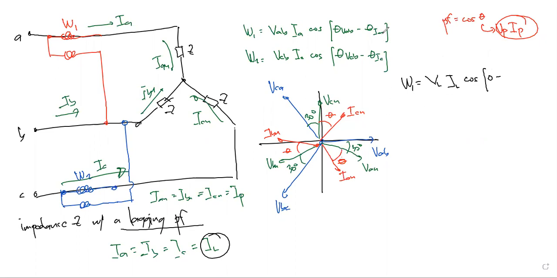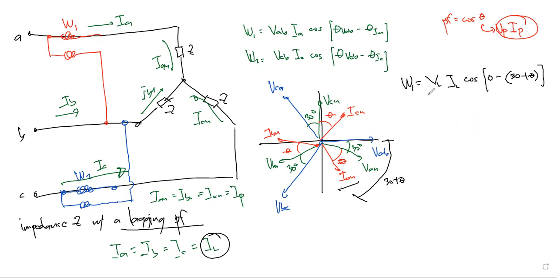As you can see, theta IA is equal to theta IAN. Because we have a Y-connected load, IP is equal to IL, right? So theta IAN is equal to 30 plus theta. The angle here is equal to 30 plus theta.